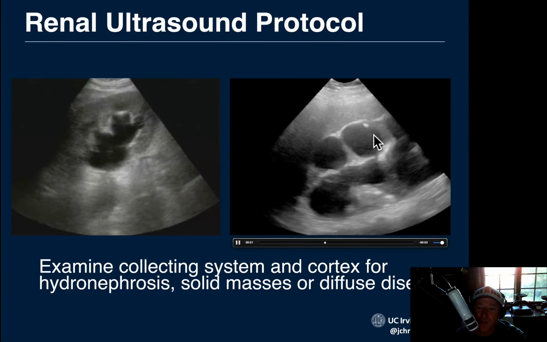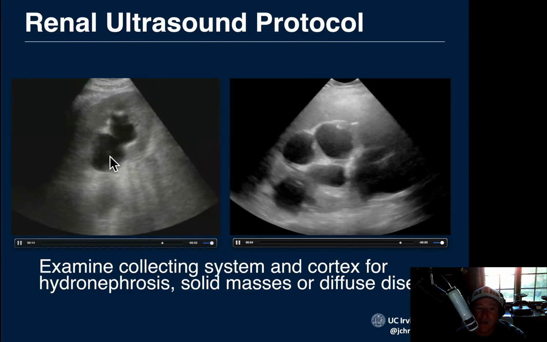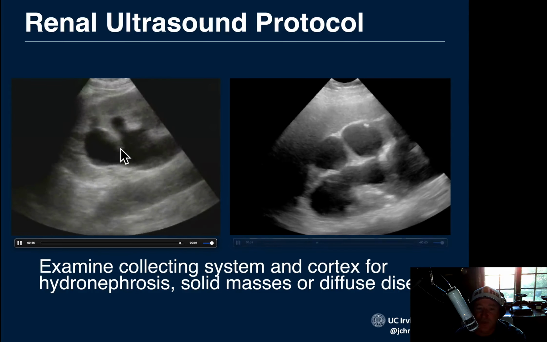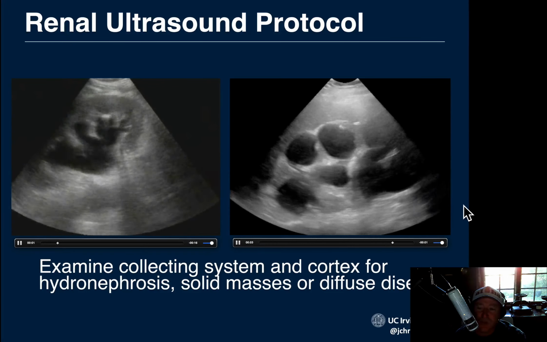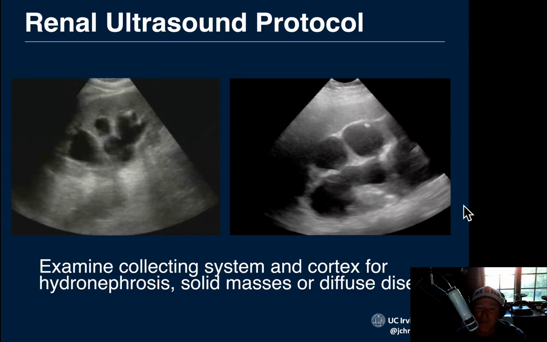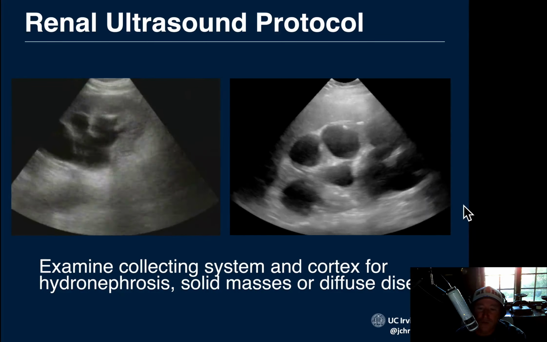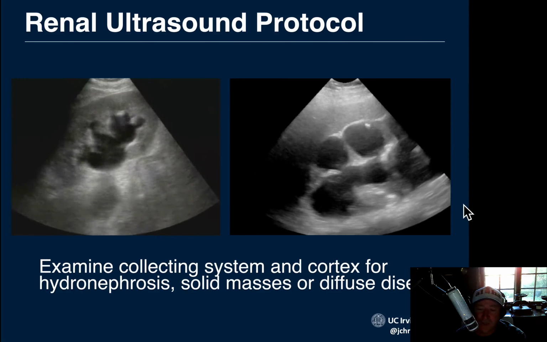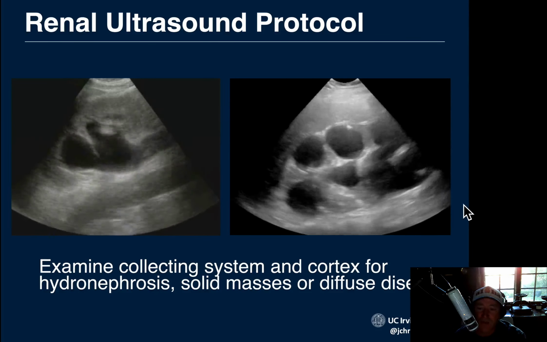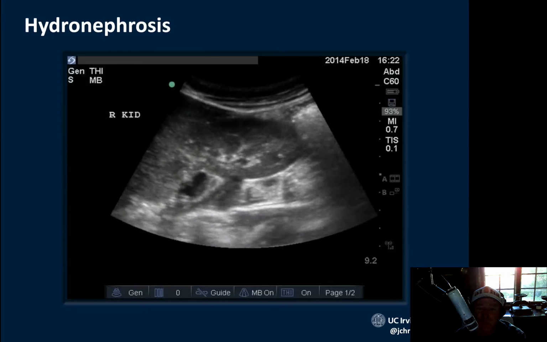You have to differentiate the cortex from the pelvis. That sounds really simple when I say it that way, but with some extreme pathology it may be difficult, because you may have a mixed picture of cysts out in the cortex causing some obstruction of the ureter, and thus you have a mixed bag picture.